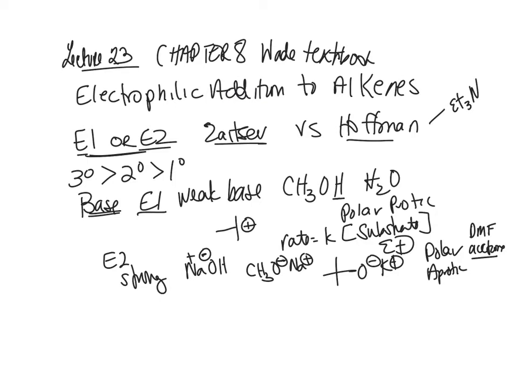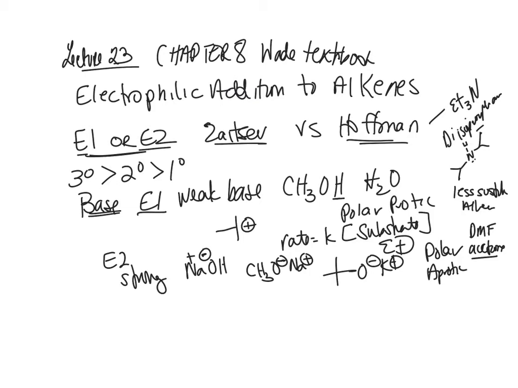We've talked about diisopropylamine. So diisopropylamine looks like this. Okay. So there's a couple more other bases, and they will give you the less substituted alkene product.